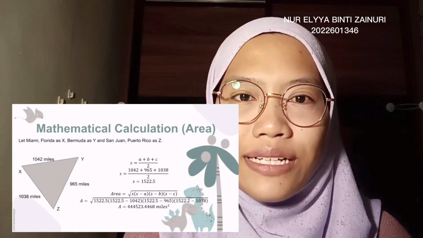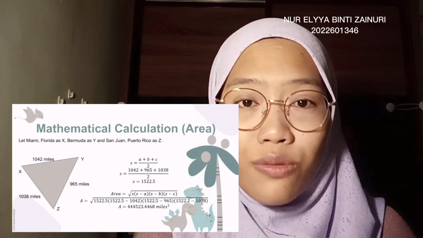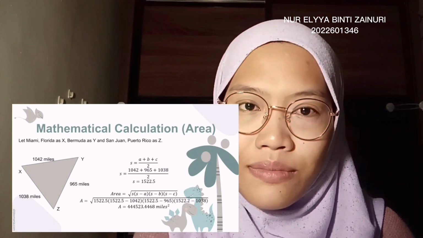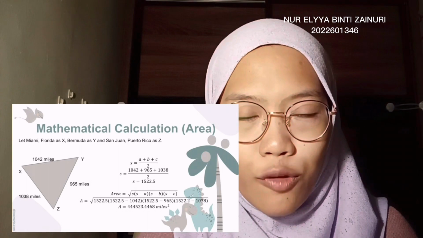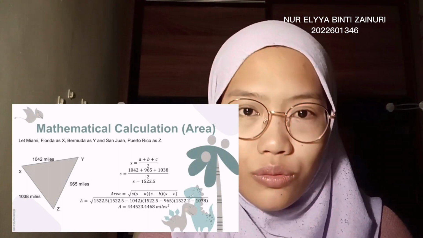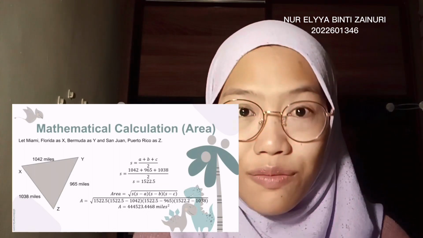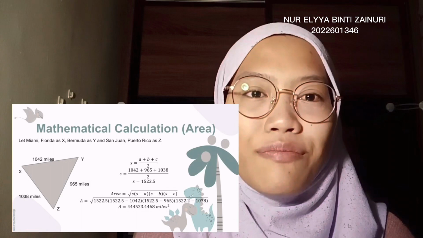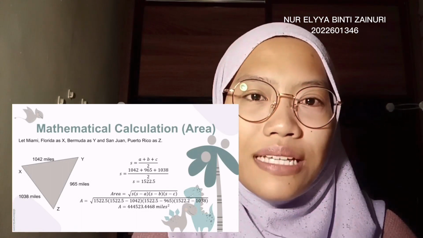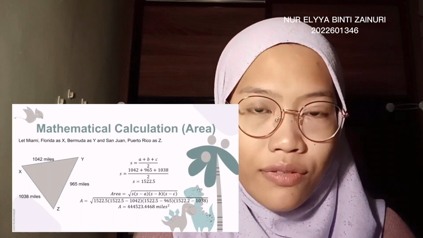Next, we are going to find the area. Same as before, we let Miami be X, Bermuda be Y, and San Juan be Z. Insert the values into Heron's formula, S equals A plus B plus C divided by 2. So 1042 plus 965 plus 1038 divided by 2, and we will get S equal to 1522.5.